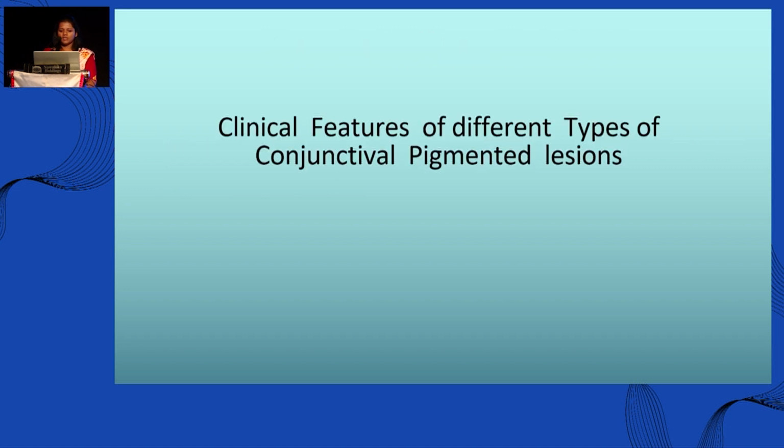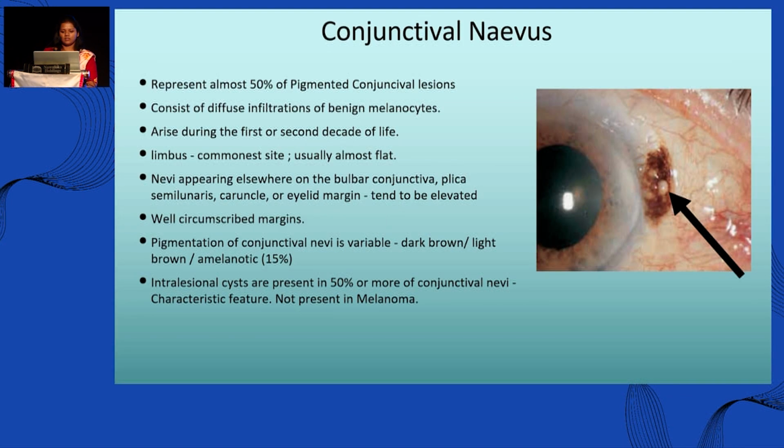Then coming on to the clinical features of the different types of lesions which help us to diagnose what it is. First, we'll talk about the conjunctival nevus, which is the commonest type of pigmented lesion that we come across. These represent almost 50% of the conjunctival pigmented lesions, and they constitute diffuse infiltration of benign melanocytes.